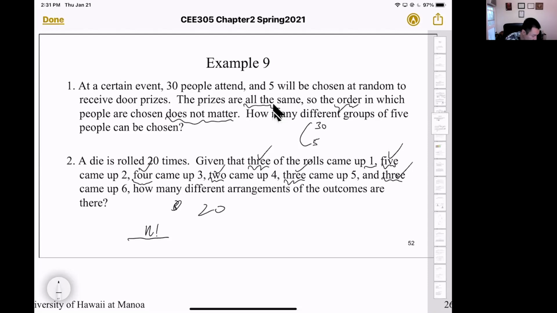The possible outcomes will be n factorial over k1 factorial times k2 factorial, and so on, up to KR factorial. So n is 20, K1 is 3, K2 is 5, and so on, KR is 3.